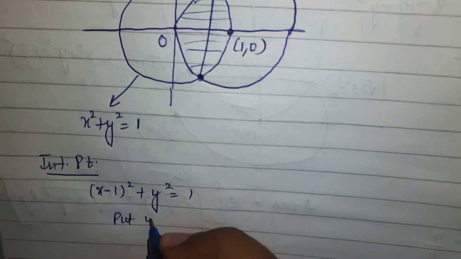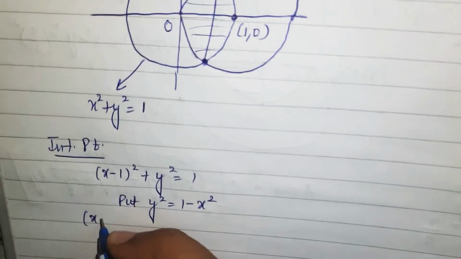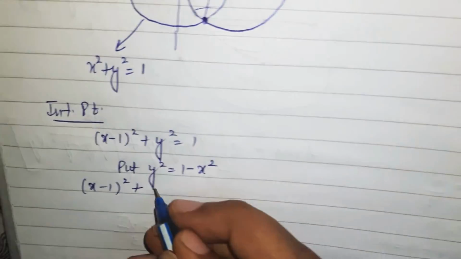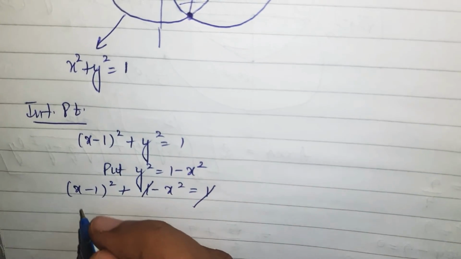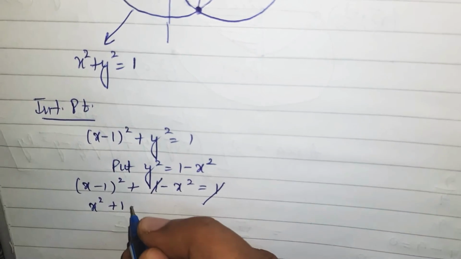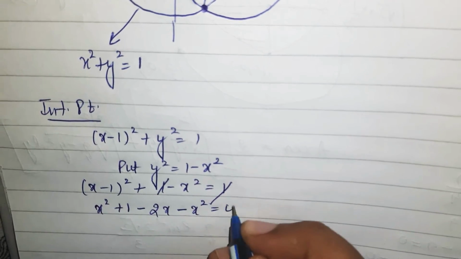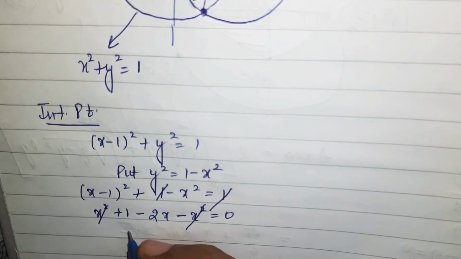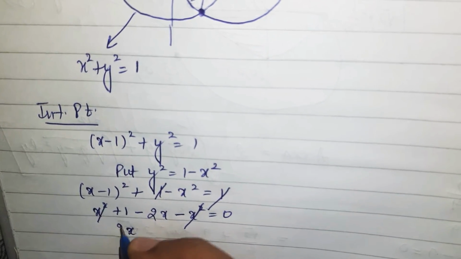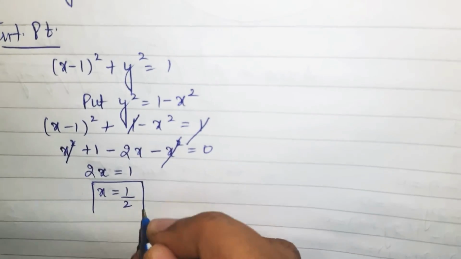So put y square as 1 minus x square. So you will be getting (x minus 1) square plus 1 minus x square equals 1. So I will be getting a square plus b square minus 2ab, minus x square, so I will be getting 2x, which is equivalent to 1, x as 1 by 2.